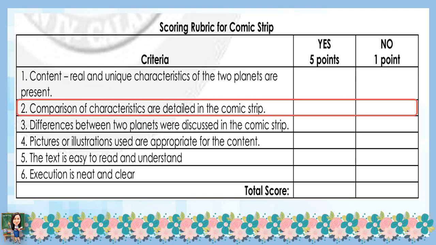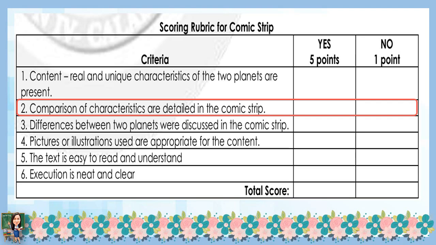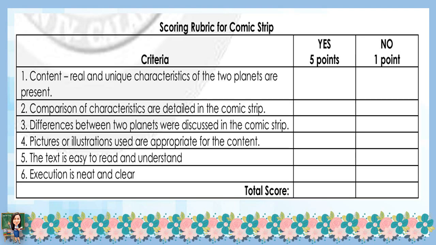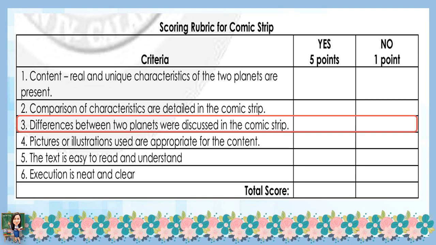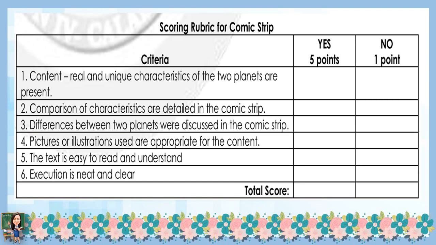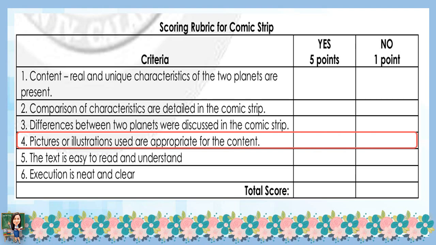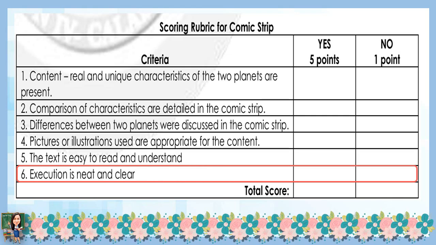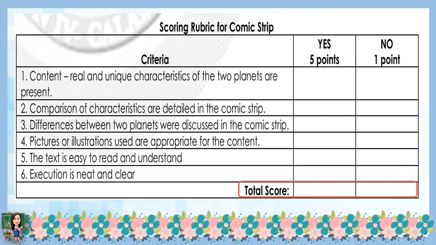Number 2, comparison of characteristics are detailed in the comic strip. Number 3, differences between two planets were discussed in the comic strip. Number 4, pictures or illustrations used are appropriate for the content. Number 5, the text is easy to read and understand. And number 6, execution is neat and clear. Then, write the total score.